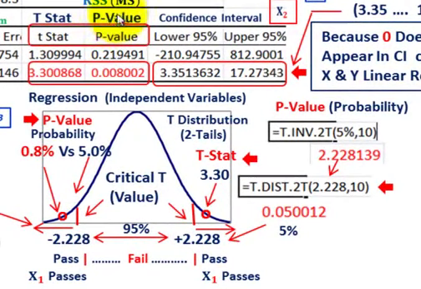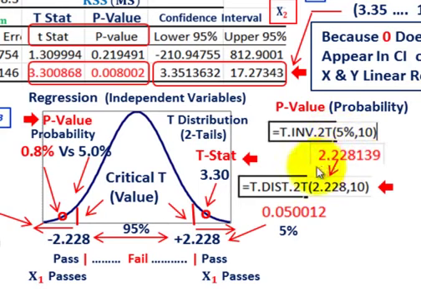All right, just to follow up on this p-value that we got at 0.008, or 0.8%. Now to determine our cutoff on this, it corresponds to our t distribution. So remember, with our Excel function, equals TINV.2T, we got our t distribution cutoff at 2.228.